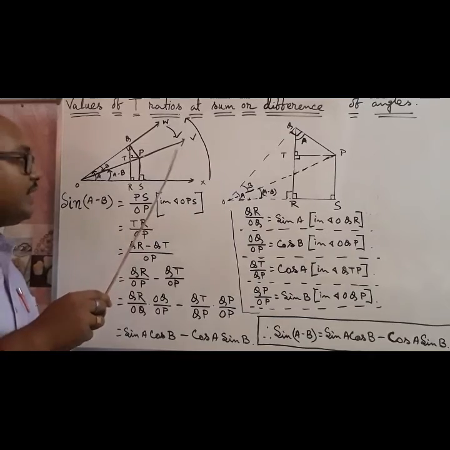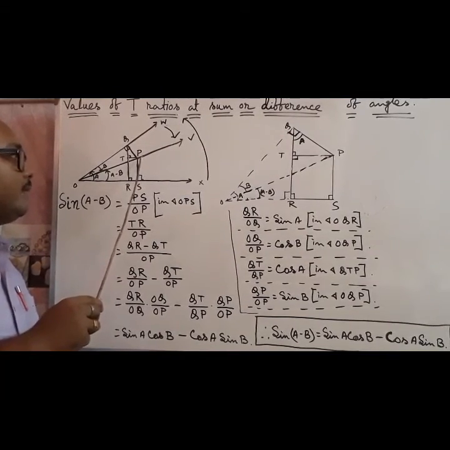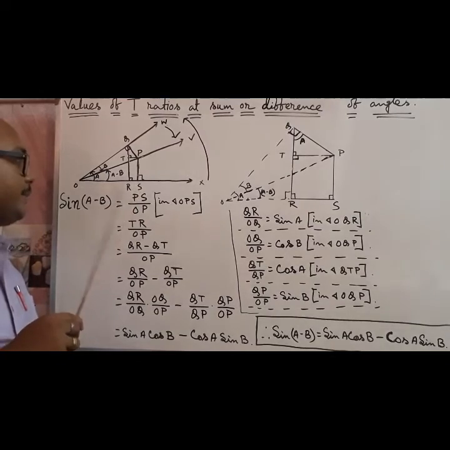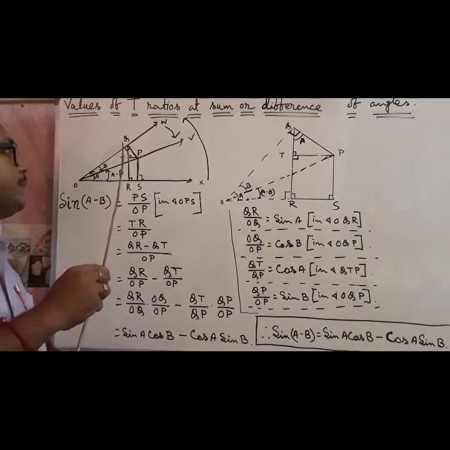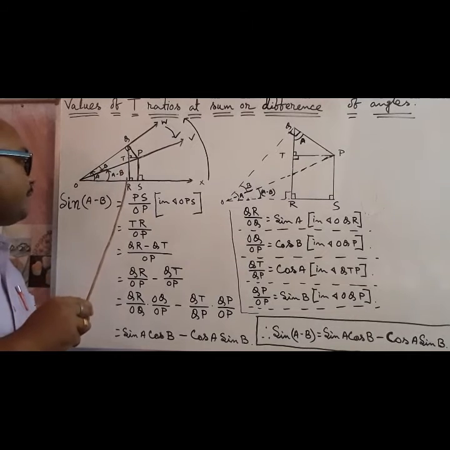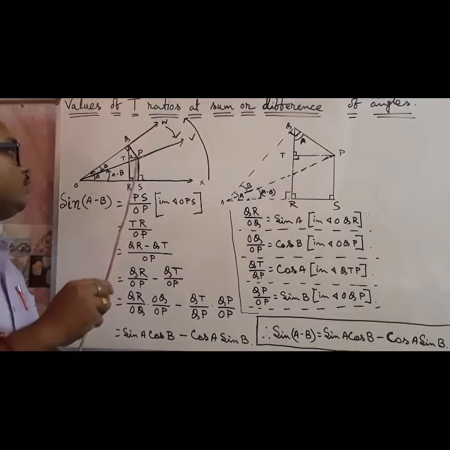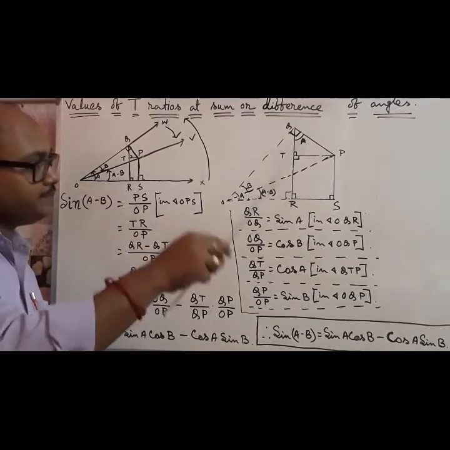So on this terminal ray, we took an arbitrary point P. From the point P, PS is the perpendicular on OX, PQ is the perpendicular on OW. From the point Q, QR is the perpendicular on OX, and from the point P on QR, PT is the perpendicular. You see?